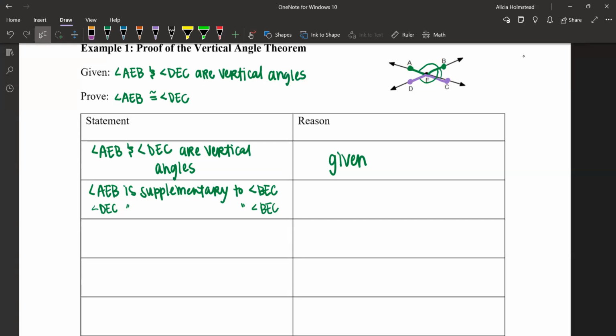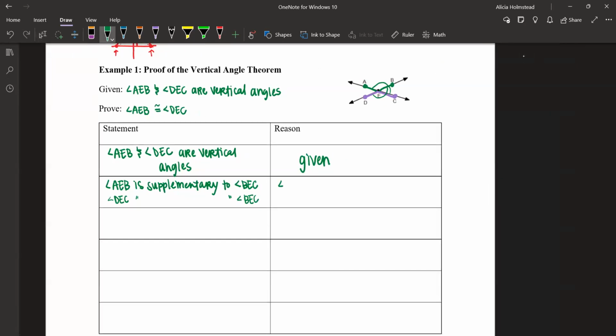So we can conclude that angle AEB and angle BEC, as well as angles DEC and angle BEC, these two, they form straight lines. Right, that's what we just looked at. These form straight lines.